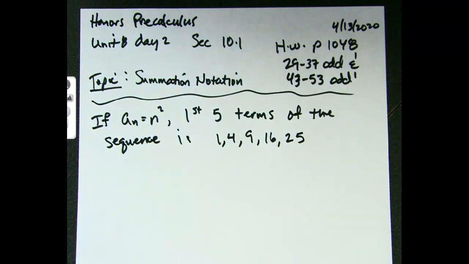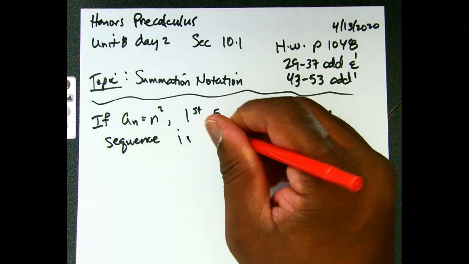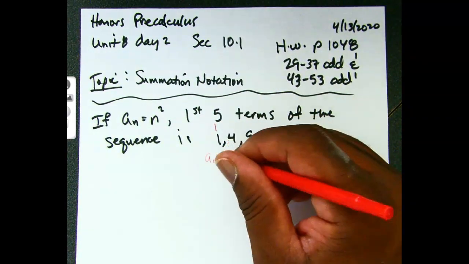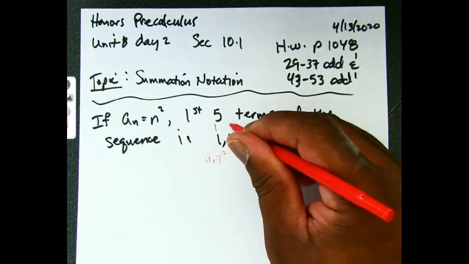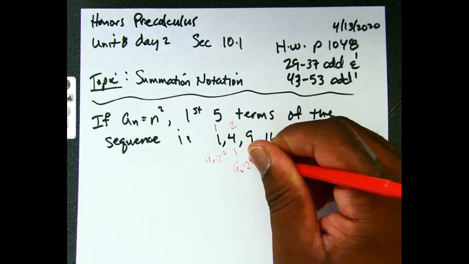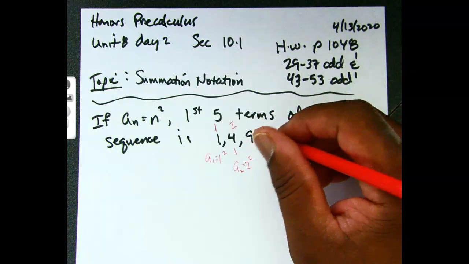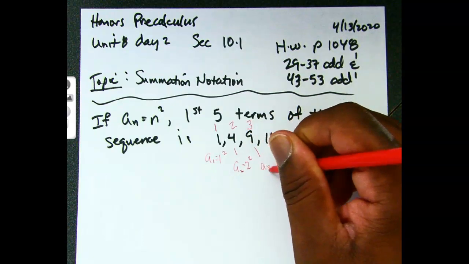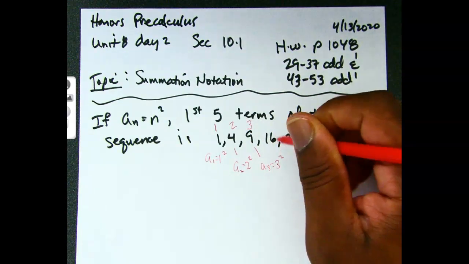So again, our first term is a sub 1, which is 1 squared. Second term, a sub 2, which is 2 squared. Third term, when n is 3, a sub 3, which is 3 squared.